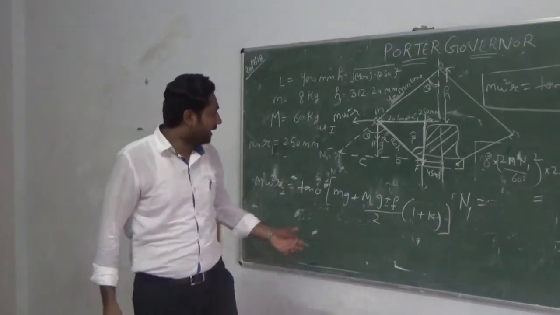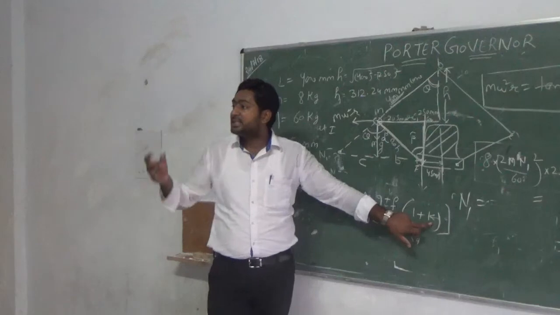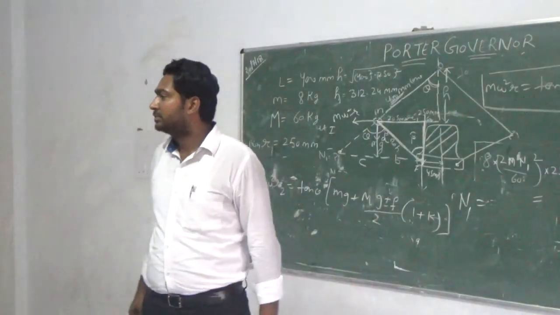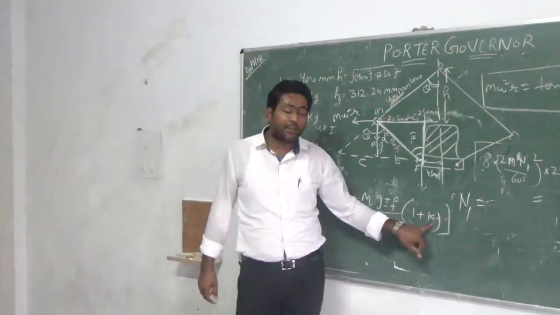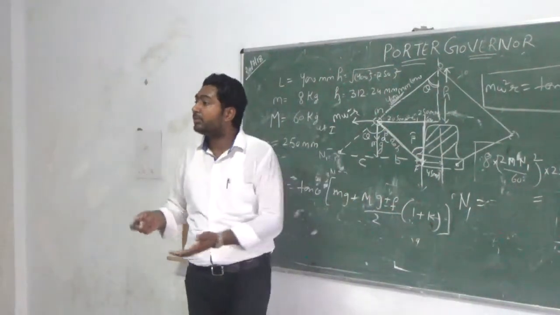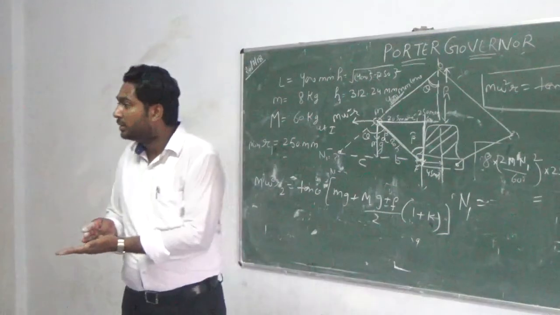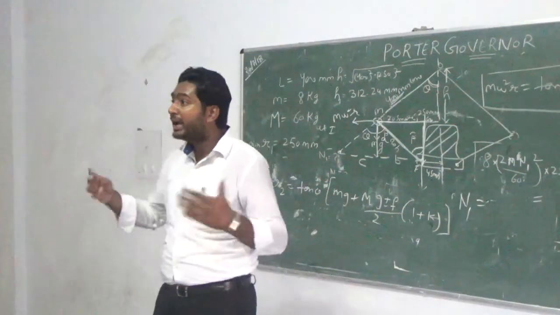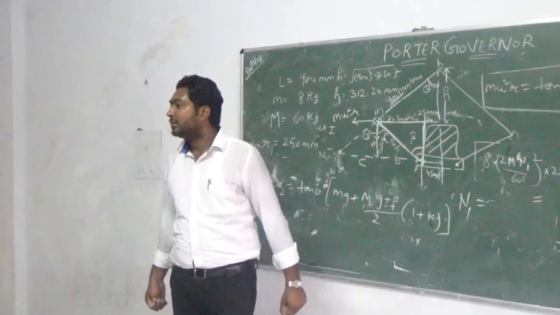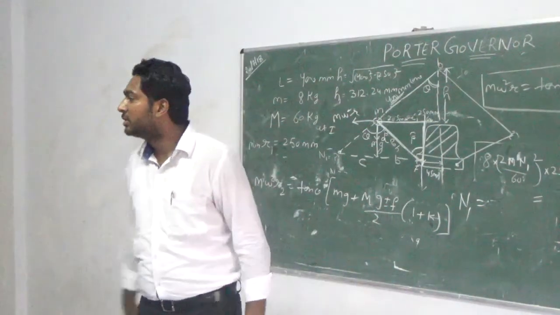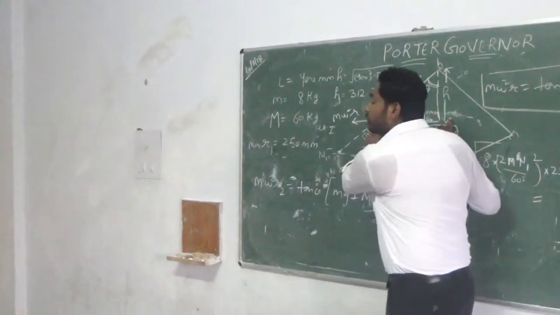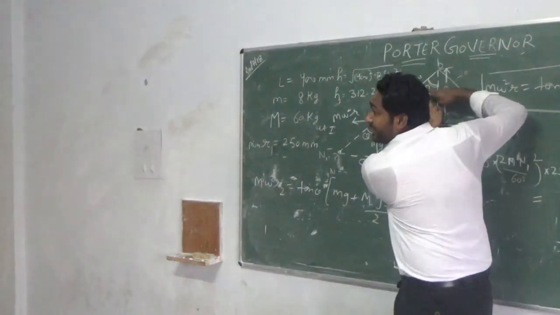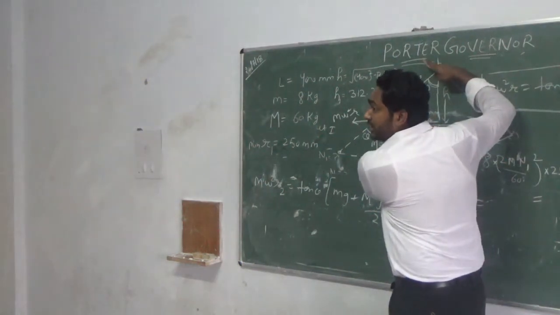Is the value of k the same for both cases, minimum or maximum? It changes. Why does it change? Because the radius of the governor changes, the angle of the governor changes, and the height of the governor changes.